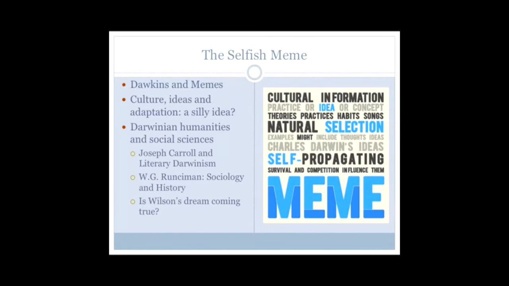In this instance, what seems to be happening is that biology becomes, instead of God, the first great cause. Should we be looking for the first moving cause, or should we be really analysing what's actually going on the ground? Which is why I don't like the work of those people that I've listed there, Carroll and Runciman, because I think in both those cases they fail to develop a theory that helps us understand either literature or social and economic development that really speaks to anything other than the fact that we know that evolution has occurred.